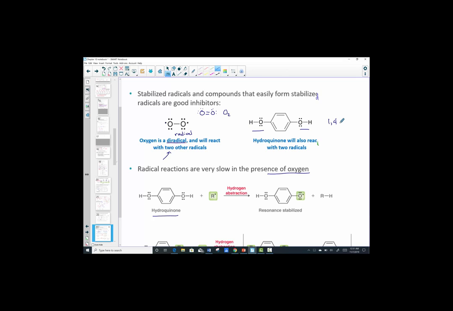1,4-dihydroxybenzene, hydroquinone. And here we have a carbon radical. And in the presence here, this hydroquinone forms an oxygen radical that is resonance stabilized, and again, you can see in the allylic position, it would be resonance stabilized.